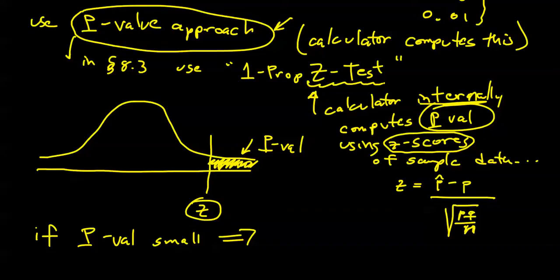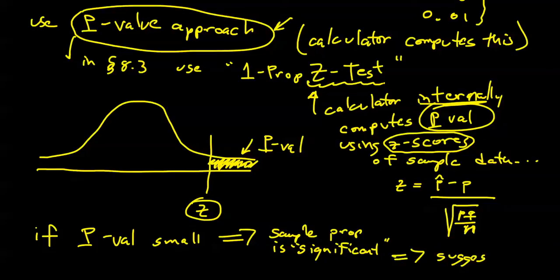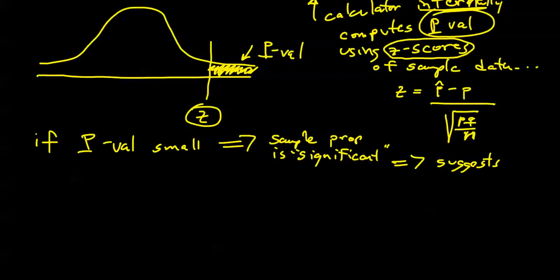So if your p-value is small, that means your sample data is statistically significant, and indeed suggests that we reject H0, reject the null claim.